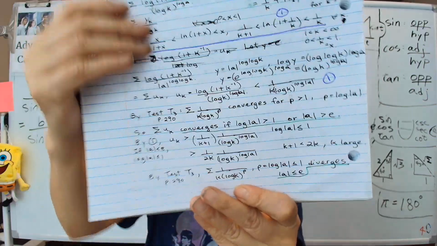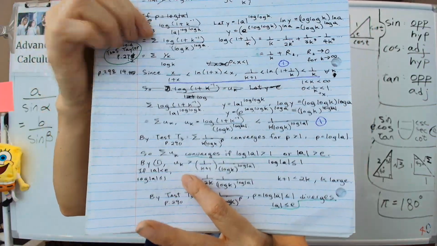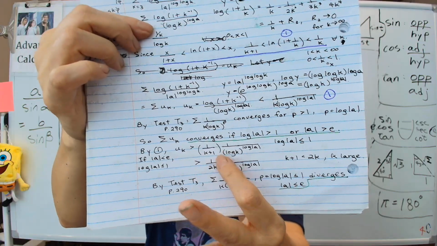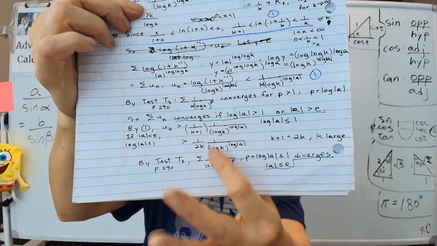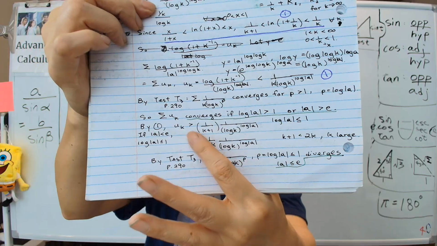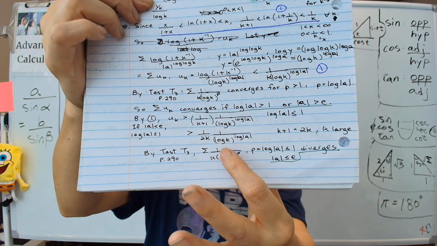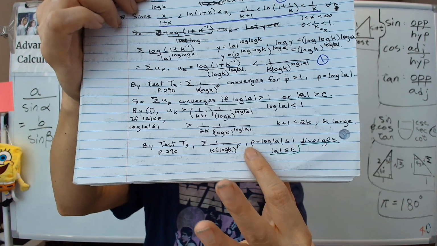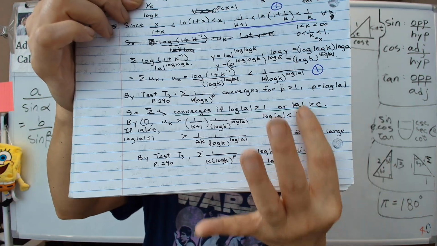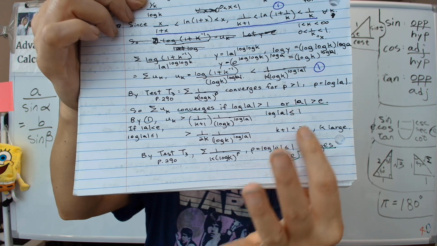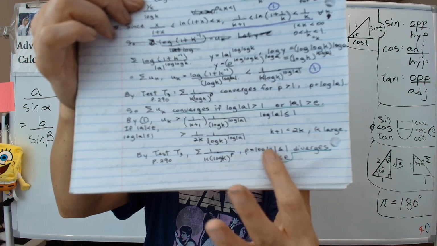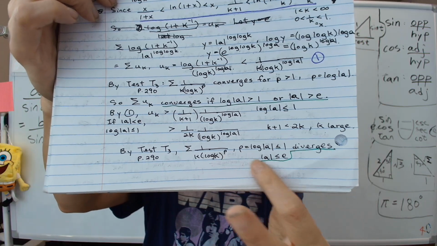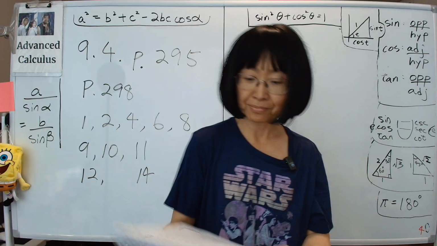Now on the other side of the equation, this value is bigger than 1 over k plus 1, plugging that in, and similarly, we can figure out that this thing is bigger than a series where p is smaller than or equal to 1. If a is smaller than or equal to e, then log of a is smaller than or equal to 1.